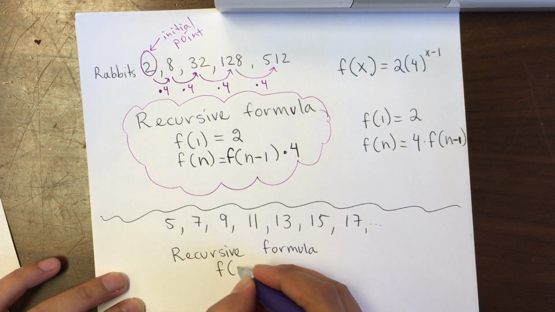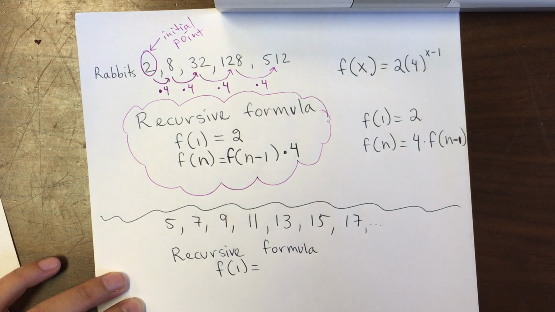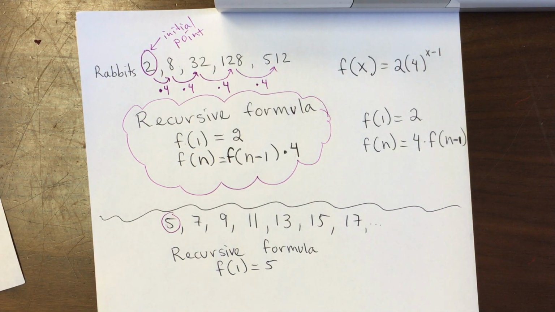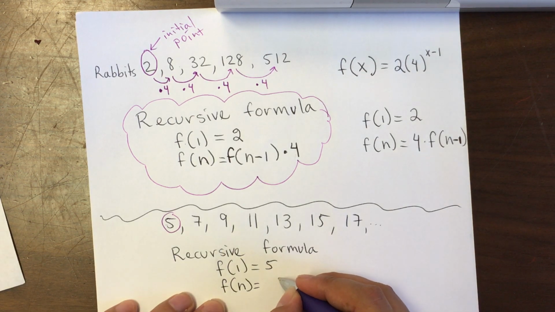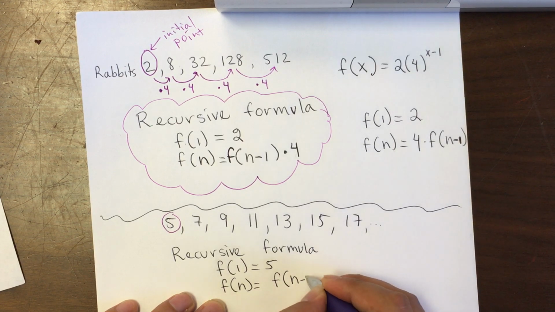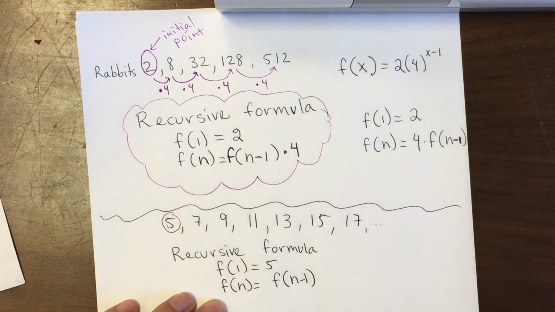Remember that you always start with f of 1, which is my initial point. So that's the easy part to find. The next part is f of n. And my f of n is always f of n minus 1, and what do we do with the pattern? What is the patterning here?